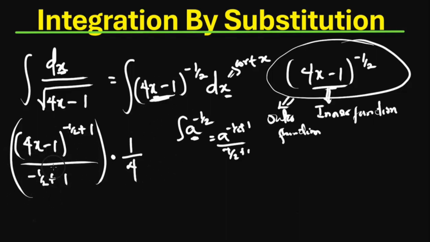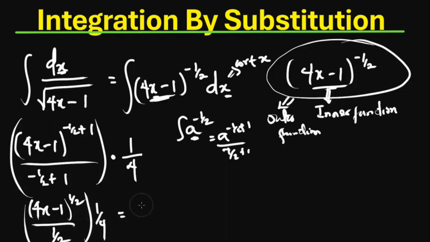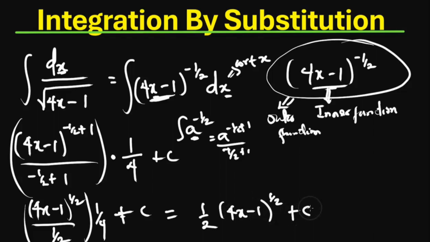Then we simplify this to have 4x minus 1 to the power 1 over 2, divided by 1 over 2, multiplied by 1 over 4, plus c. Eventually when you simplify, it is 1 over 2 times 4x minus 1 raised to power 1 over 2 plus c, and this is exactly what we got with the long method.